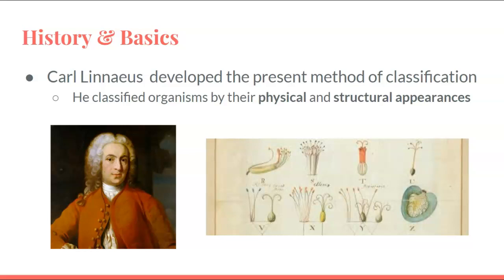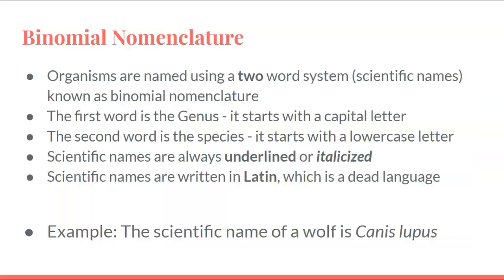So it was a great way to start this idea of classifying organisms, but of course, as we have learned more, as we have grown in our understanding of how organisms evolve, our ideas of DNA, we have been able to really streamline the process of classifying organisms to be way more accurate and just a much better system. But he started it all, and we have to give credit where credit is due.